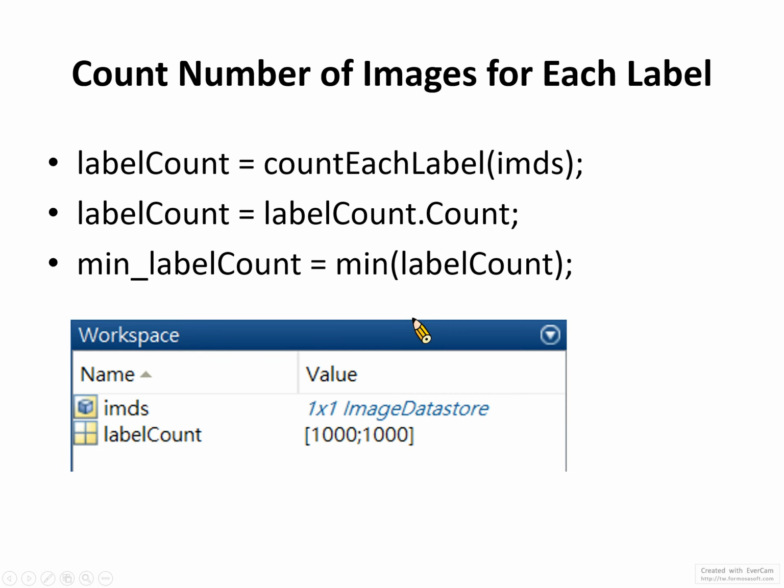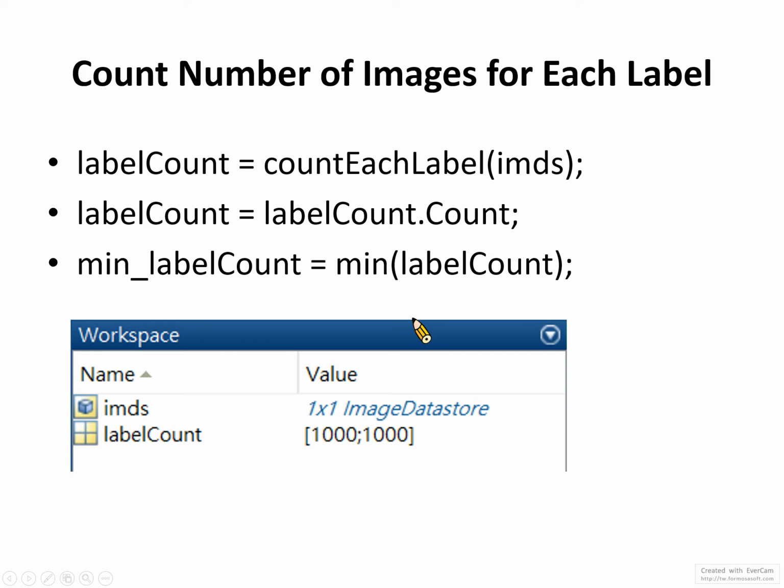I will go through each step of the construction of the neural network, so just follow these steps and you will derive the final model for this data set. The first thing we need to consider is to count the number of images for each label, because it is very often that you have data with unbalanced label numbers.